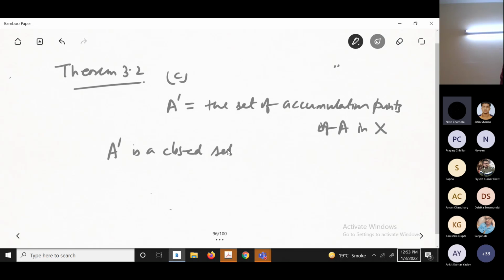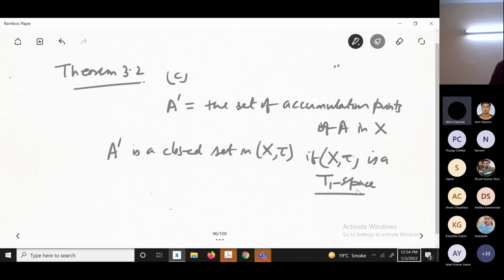X star is a T1 space, this you need. So your job is to check that if it is not T1, you should find a counterexample.